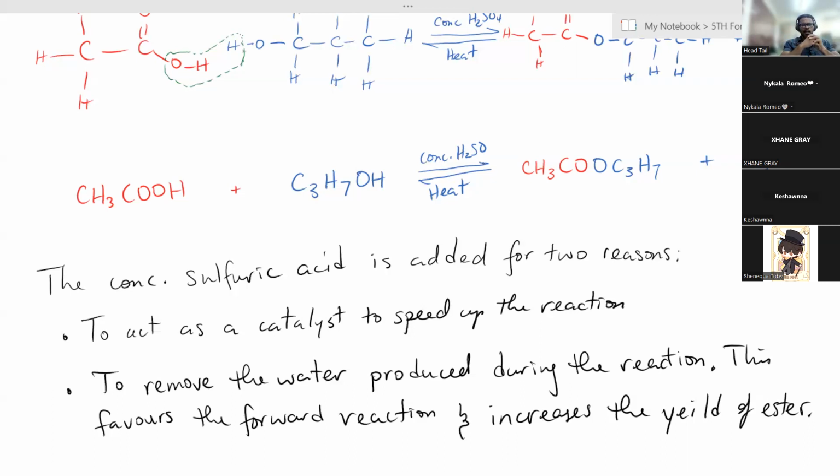If we can identify the alcohol side and the carboxylic acid side, I could get plenty of the carboxylic acid and plenty of the alcohol and then run an experiment carrying out esterification and make the smell.